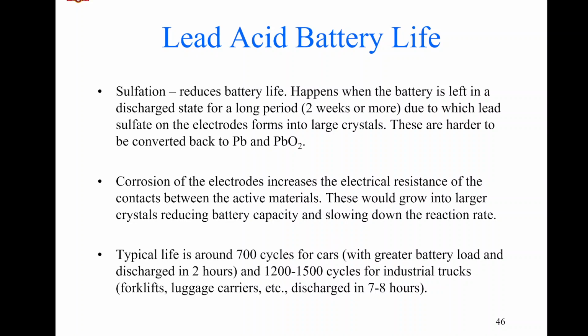In such scenarios as well, the battery life gets reduced. Typical battery life is around 700 cycles for cars with a greater battery load charge, and it's much larger for industrial vehicles.